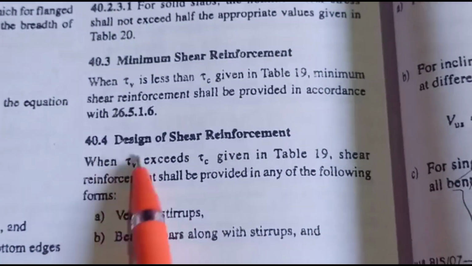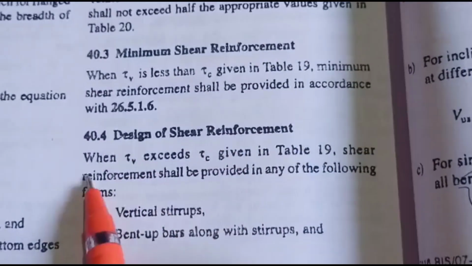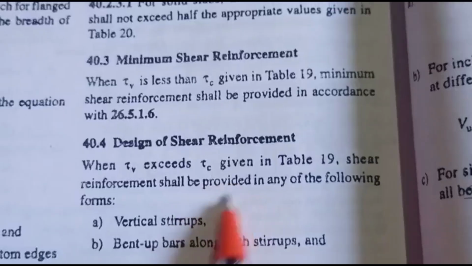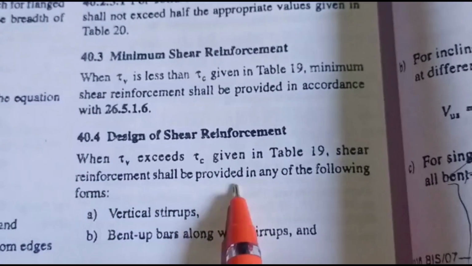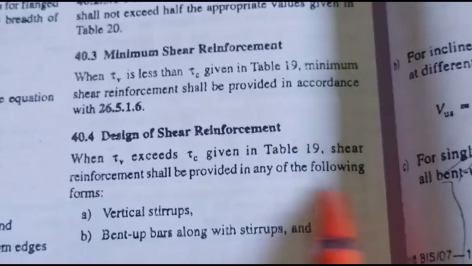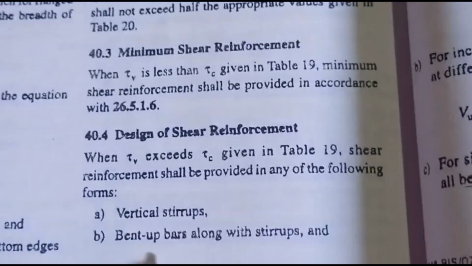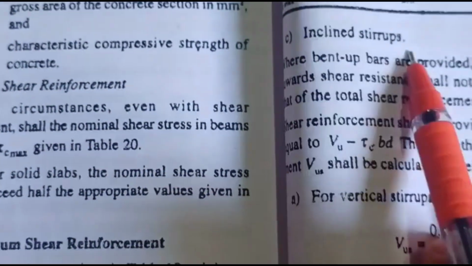What they have said about the design of shear reinforcement when tau v exceeds tau c is that shear reinforcement shall be provided in any of the following forms: vertical stirrups, bent-up bars along with stirrups, or inclined stirrups.